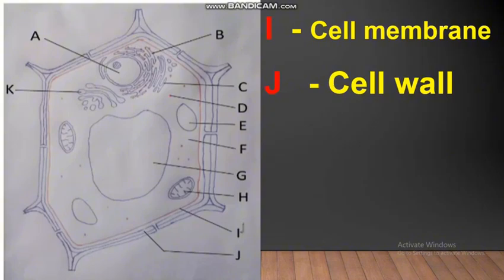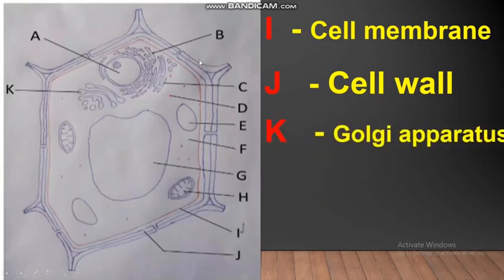Apart from that, they also transport enzyme vesicles, and they are involved in the secretion and formation of lysozymes. So you can see that we have stated the names of all these structures, from A up to the part labeled K, and we have also discussed the functions of each part.